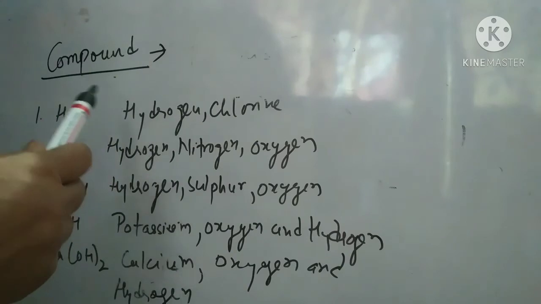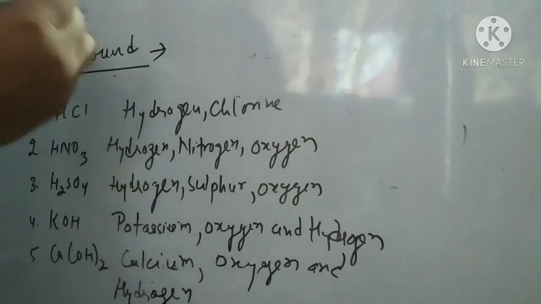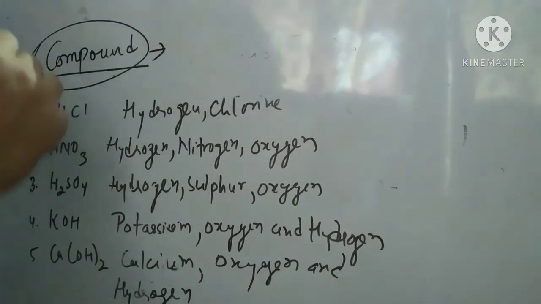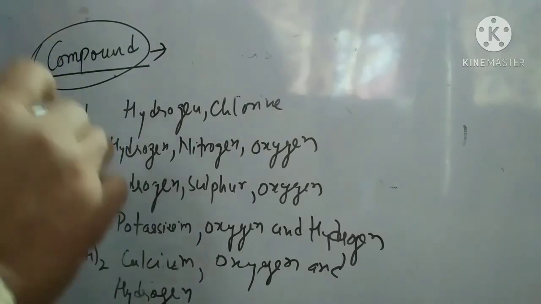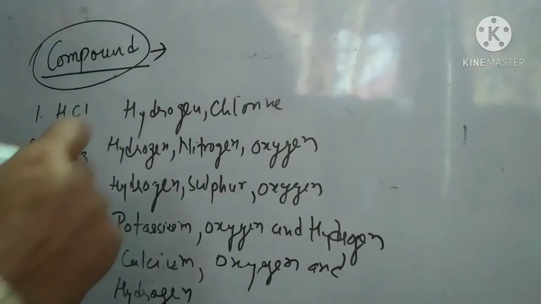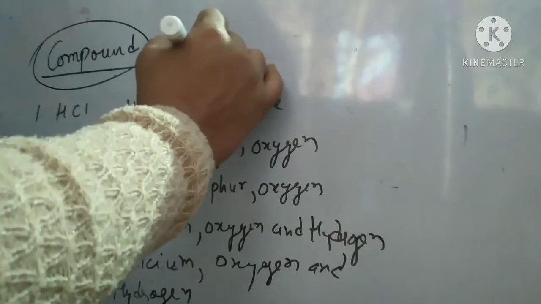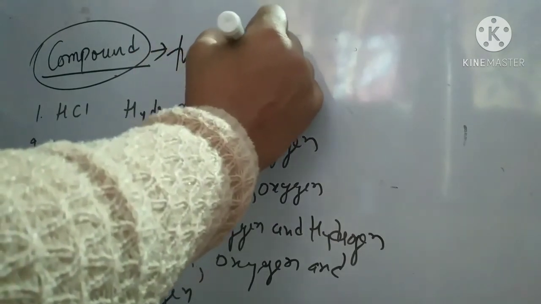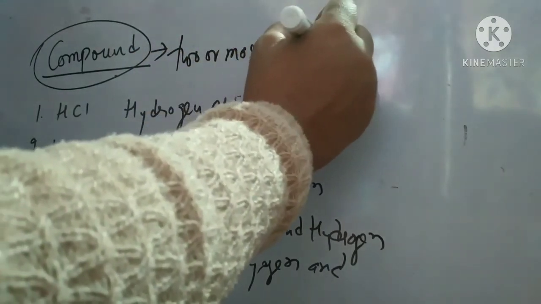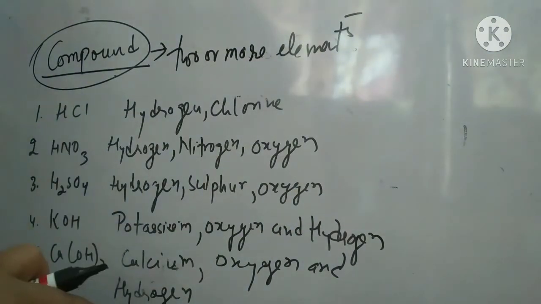Now coming to next topic, that is compound. So what is compound? Compound is a pure substance composed of 2 or more elements. So we can define it as a pure substance composed of 2 or more elements chemically combined in a fixed proportion.